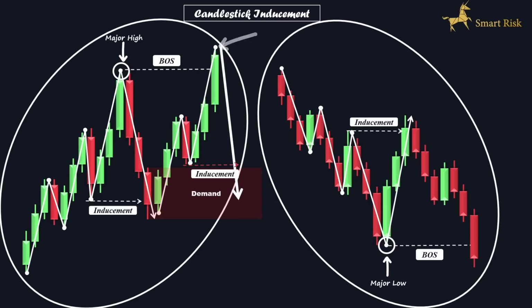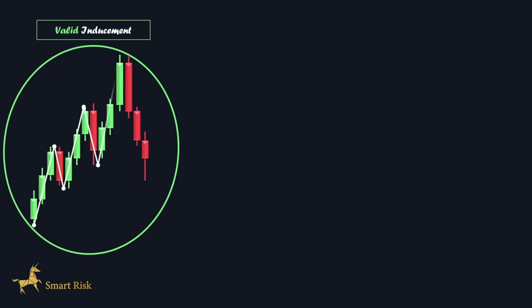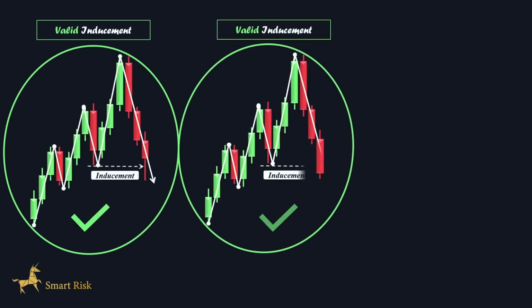Before delving into the next topic, it's essential to consider some crucial points when identifying candlestick-based inducement on your price chart. To identify a valid inducement, as mentioned earlier, the price must take out the lowest point of the bearish candle, signifying the most recent valid internal pullback. This can happen either with the body closing below or with a wick that sweeps liquidity below the candle and then retraces within the range of the lowest point of the latest pullback, as illustrated in diagrams 1 and 2.